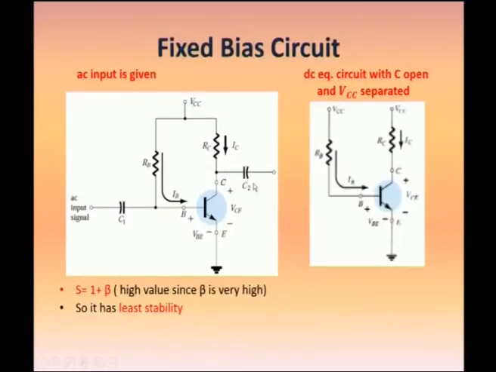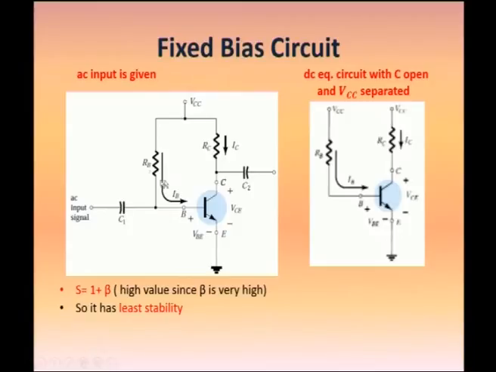So, to compare this emitter stabilized bias, we have one more bias circuit, the fixed bias circuit. This is the circuit diagram of the fixed bias circuit. Here RB is connected between the supply and the base terminal. So, through this RB, by choosing this RB, we are going to fix the stability factor.